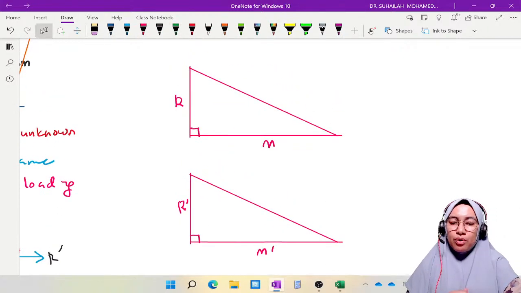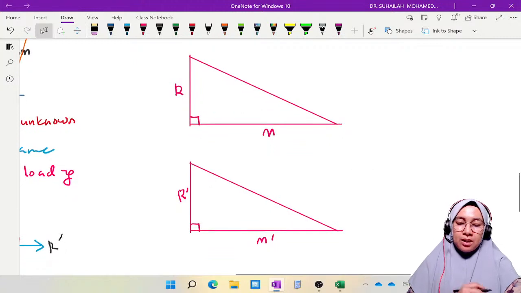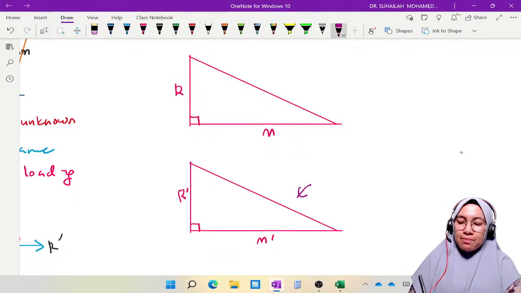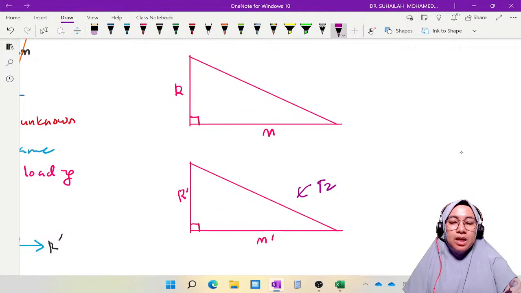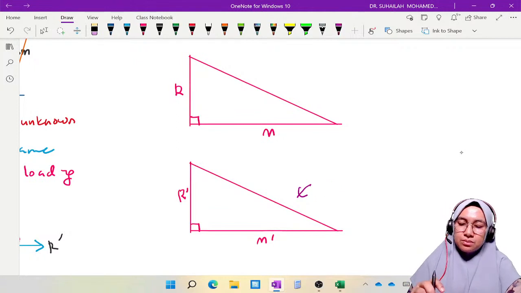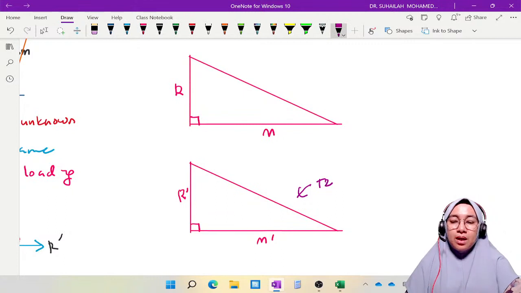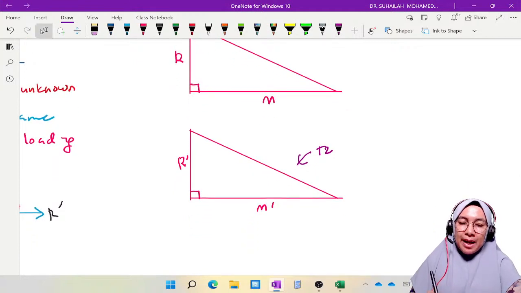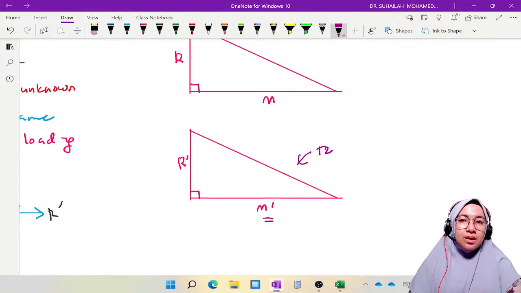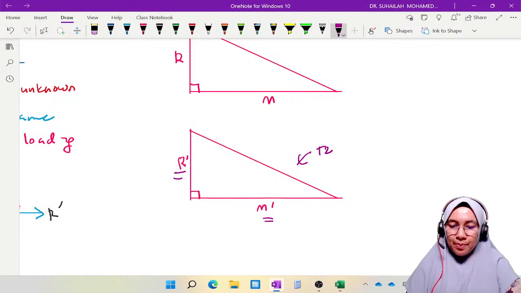So using interpolation, this is actually table number 2. In table number 2, what we can get is the m prime value, and from the table we can calculate r prime.